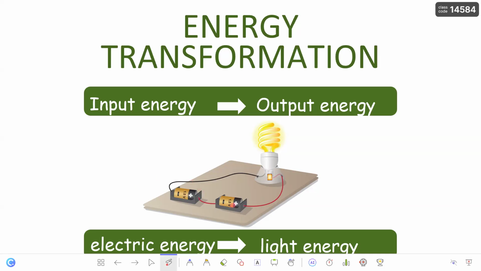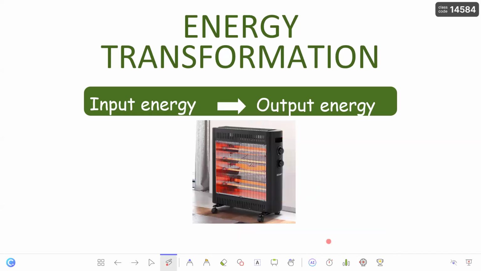Batteries give us chemical energy. When we combine them to the wires, as you see in the following example, I have two transformations over here. The chemical energy from the batteries changes to electrical energy. When I use the electrical energy to turn the light bulb on, this electrical energy is going to transform into light energy.